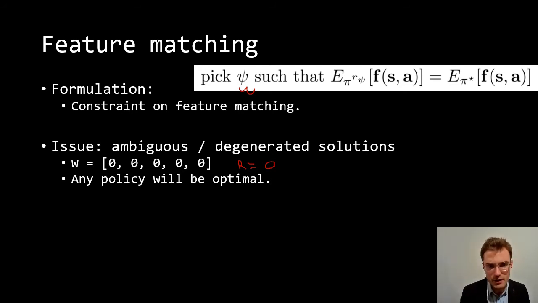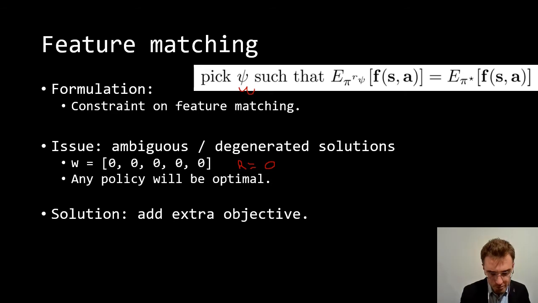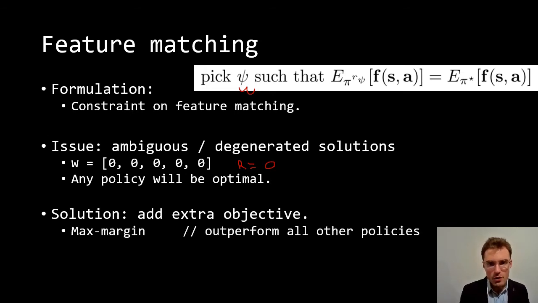The solution to that problem is the following. You want to keep the constraint. This will be part of your problem definition, but you want an extra task in addition so that you can discriminate and only keep the best solution. The first option is to apply max margin, where you're saying, together with the feature matching, I want the policy that outperforms all the other policies.